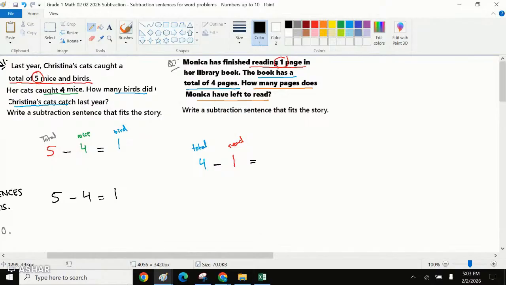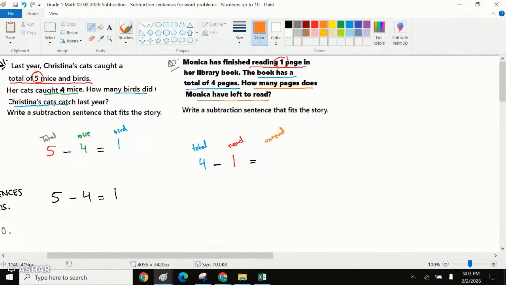And how many pages are left to be read? That means the number of unread pages would be, I'll just write the spelling again. Okay. Yes, thank you. Thank you, Adiboy. Thank you, Nate.